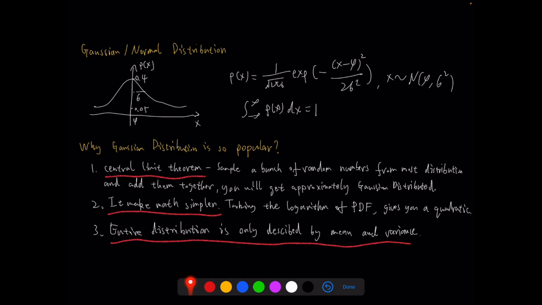But if we glue them together to get the main process, it's mostly like a Gaussian.